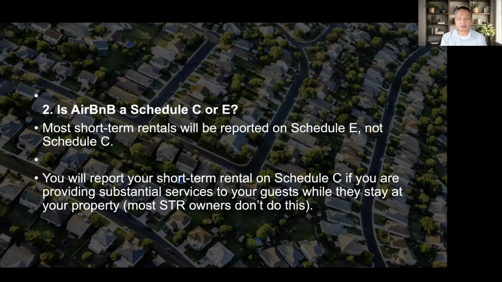Those are concierge services. In that situation, you are in the business, you are in the hotel business full time.